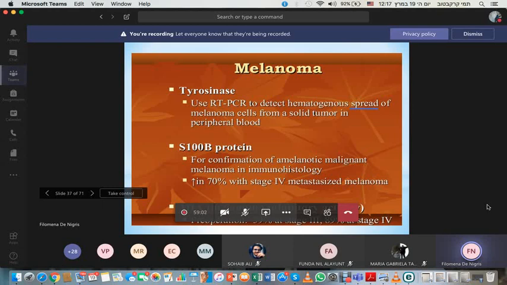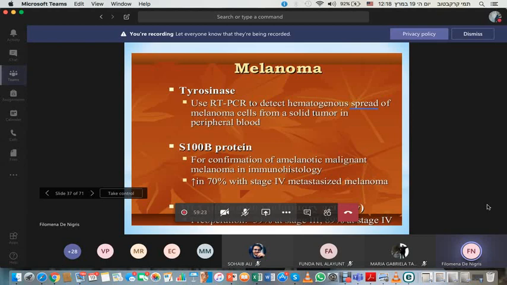Also, S100B is a marker to analyze metastasis from melanoma. It's very aggressive, and on the basis of this marker we can decide which kind of treatment.